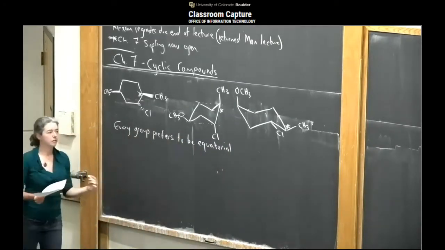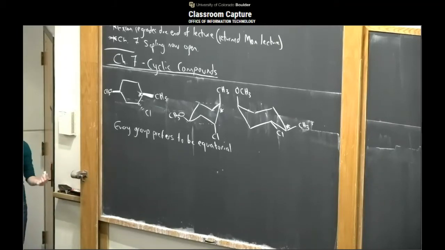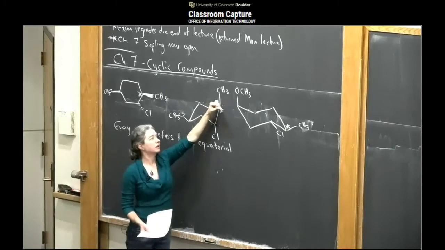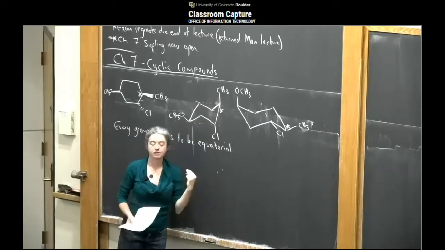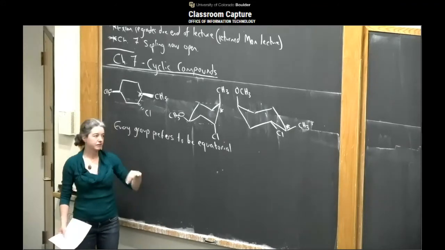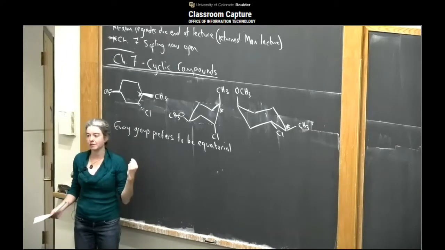And so we're not going to get into details on this, but it turns out that every group has an associated what's called an A value, which is the cost of being axial, like the energy cost of being up axial instead of up equatorial, for example. We're going to assume that the A values, the cost in energy of being axial, are about the same for all groups.